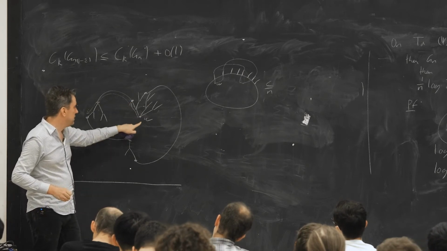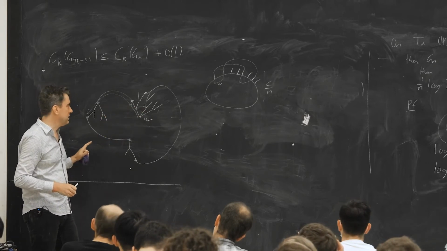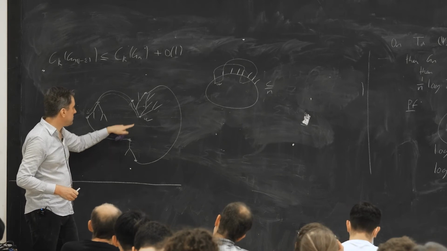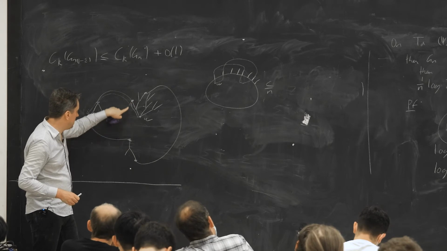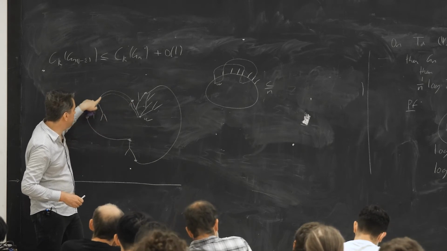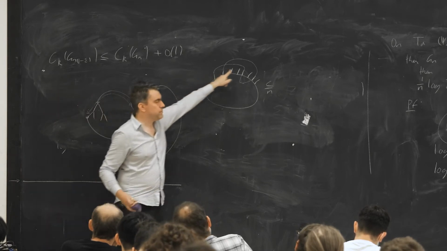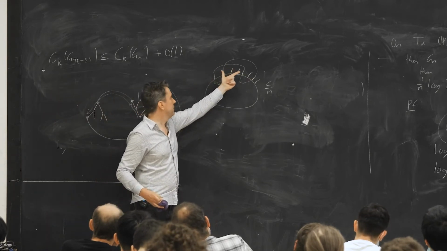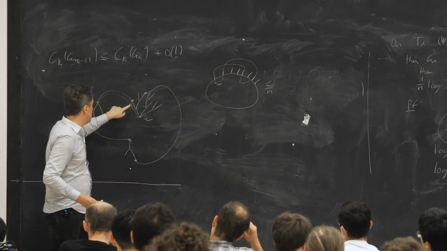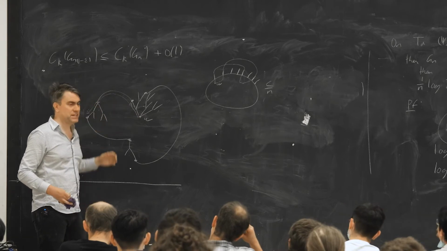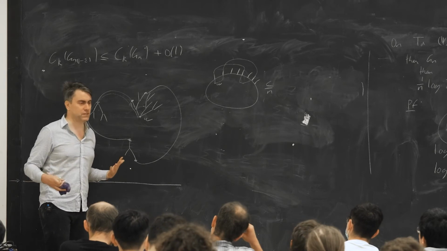But there's only d to the 2k paths that I could take of length 2k. And if I'm exploring these, this is the nice thing about creating a matching like this: if I've revealed some of the edges in the matching, the remaining edges in the matching are still a uniform matching.